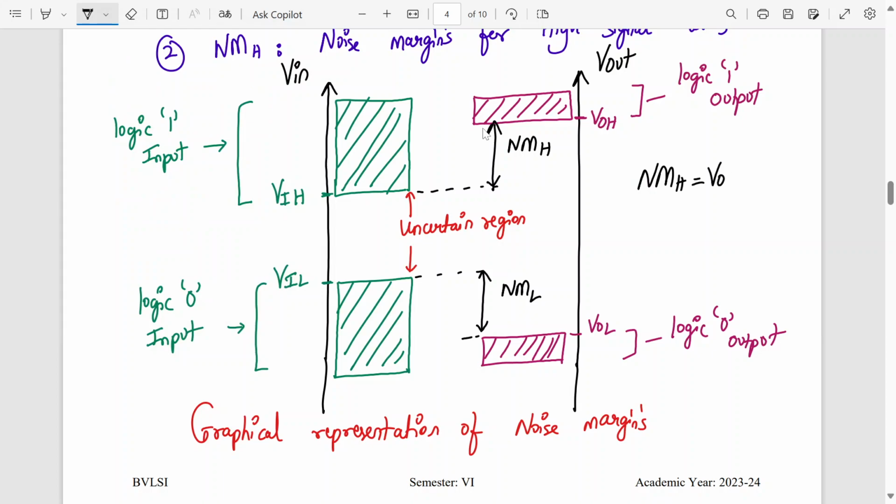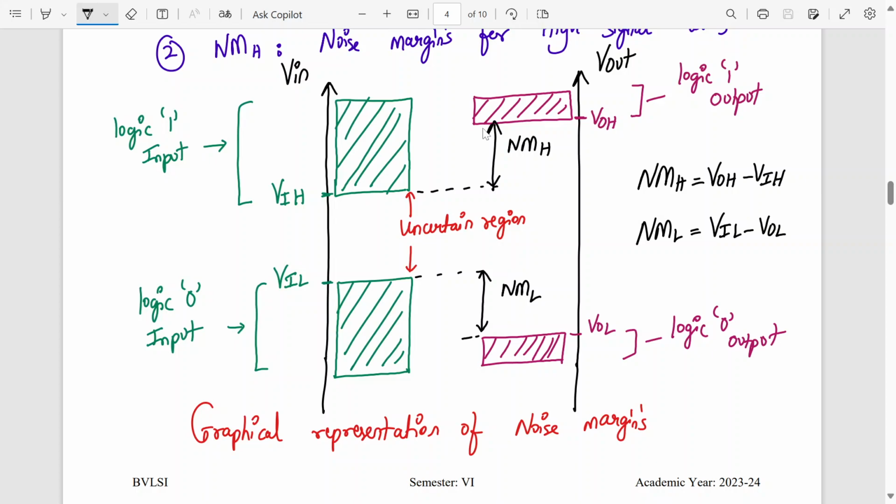It is VOH minus VIH, and noise margin low is VIL minus VOL. That's why we first find these 4 critical parameters from the VTC curve, and then we say we have found the noise margin levels.